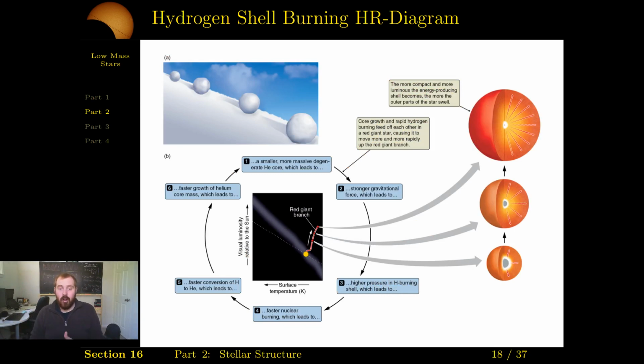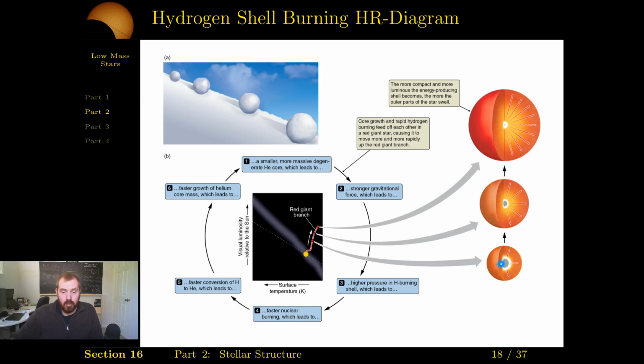And now this starts to create what we like to use as an analogy, a snowball effect. There's a smaller, more massive degenerate helium core. This leads to stronger gravitational forces. As the pressures go up and the mass increases, boom, there's more gravity. More gravity in the core means higher pressure, and the hydrogen burning shell burns faster, which leads to a greater conversion rate of hydrogen around the core, which means more helium is being produced around the inert core.